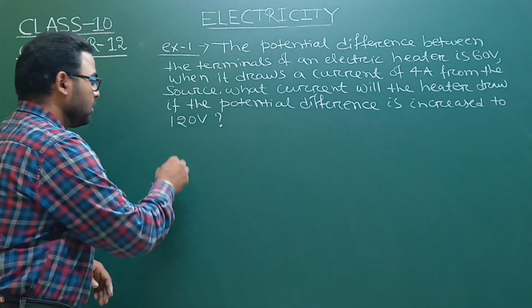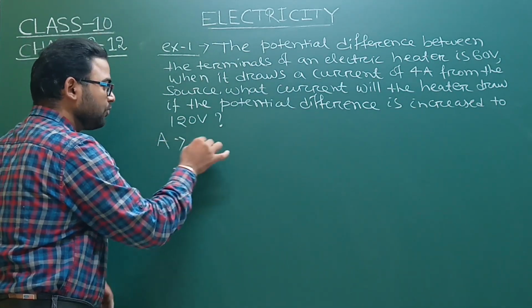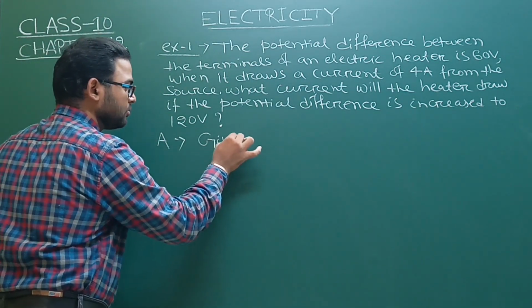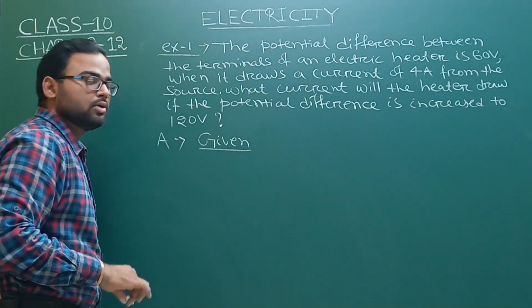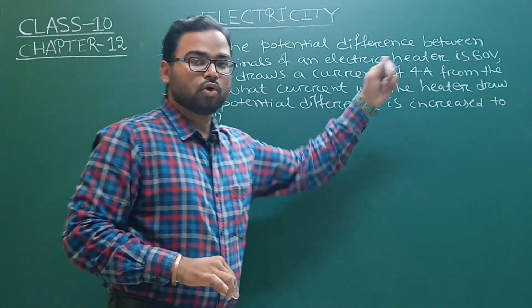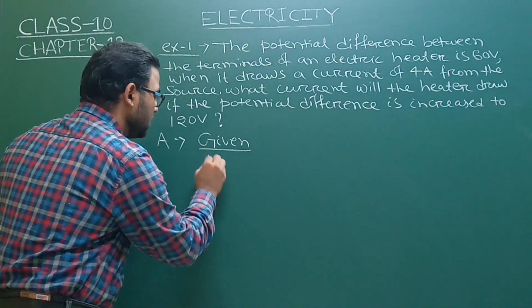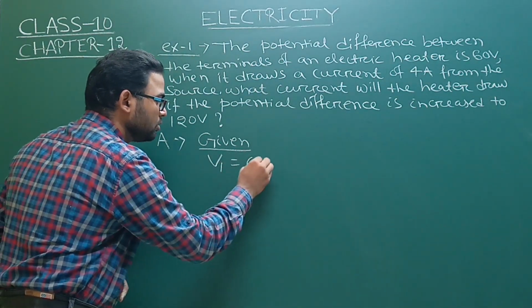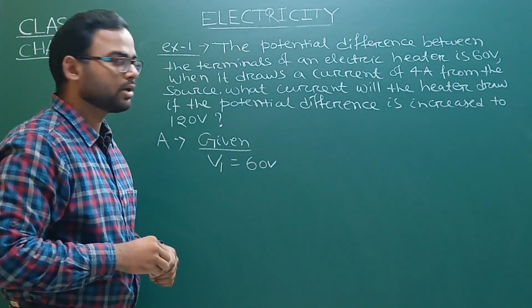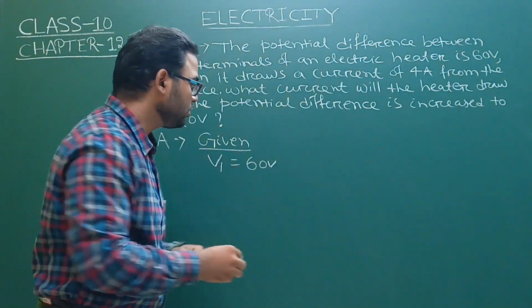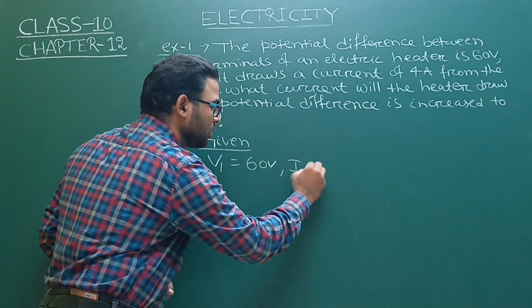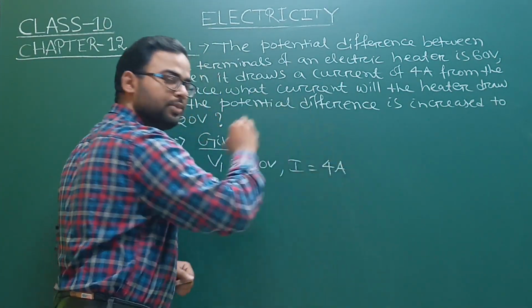Let us first write what is given. Voltage is given, let us say V1 is equal to 60 volt. Then current is given, I equal to 4 ampere.